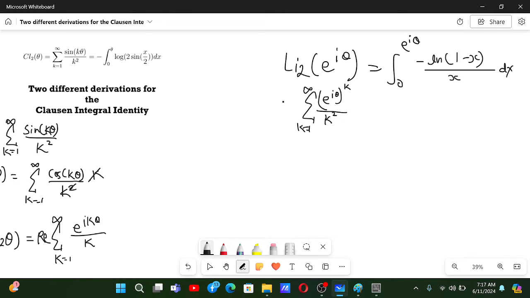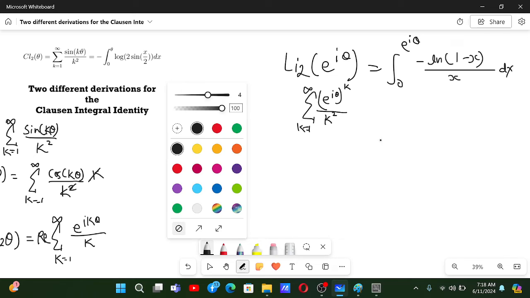And now if I take the imaginary part of this sum, what we get is just the sine of k theta, because e to the power i k theta will be there. So we just get sine of k theta by k square. Now this can be dealt with easily.